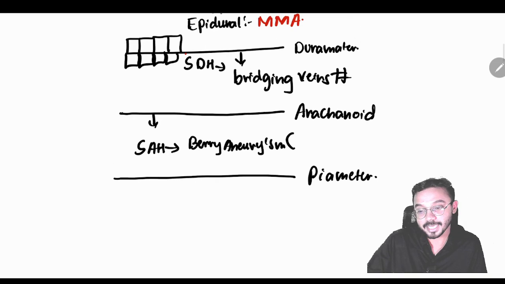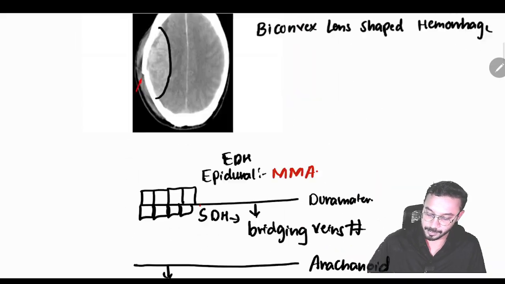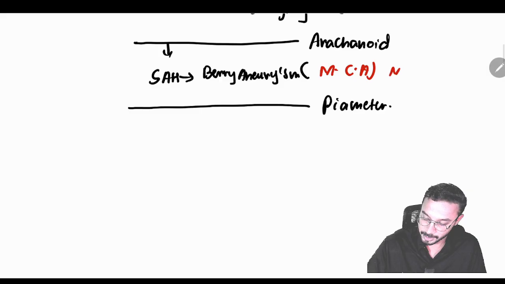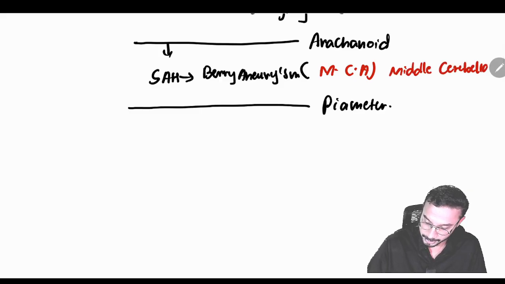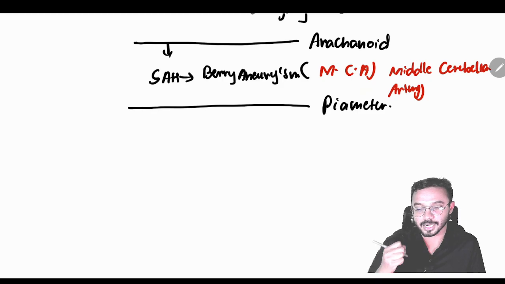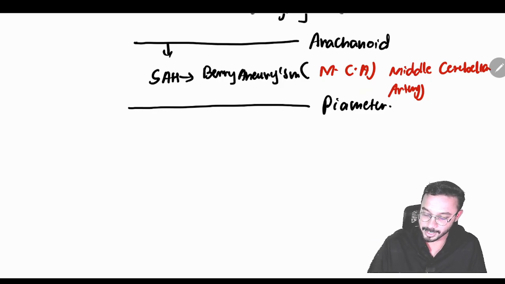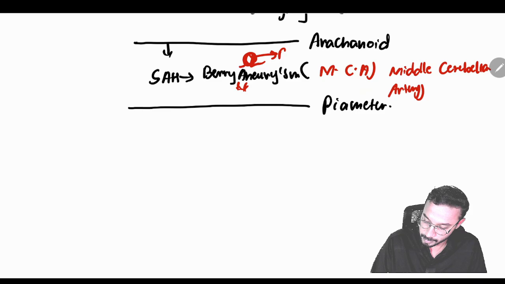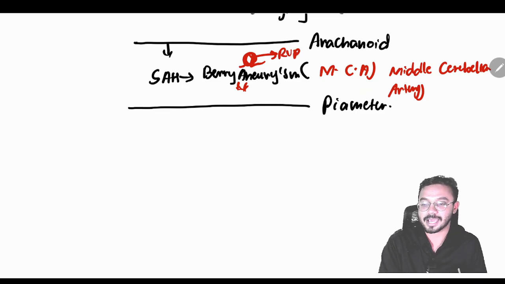That is MMA, and this is MCA, middle cerebral artery. So this is about bleeding in SAH, and it is very important. If this Barrett's aneurysm ruptures, that leads to subarachnoid hemorrhage.